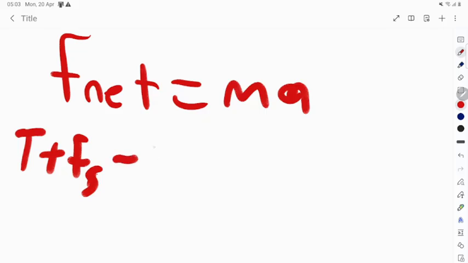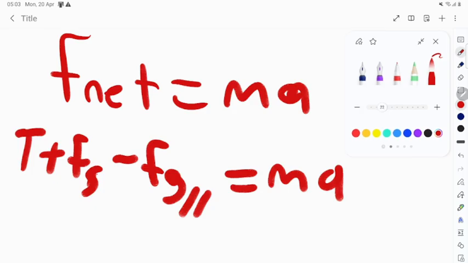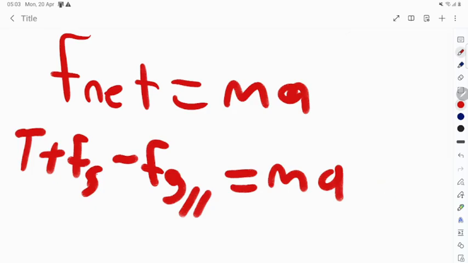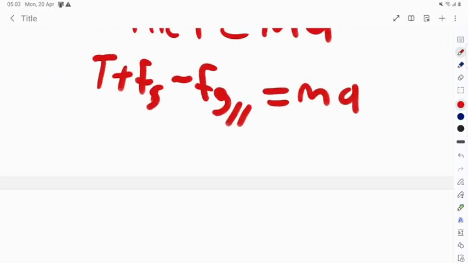Minus FG parallel. Why FG parallel? It's on an incline. And remember what I said, on an incline, my FG parallel is always going down the incline. So that means it will go in a different direction from the tension and the force of friction.